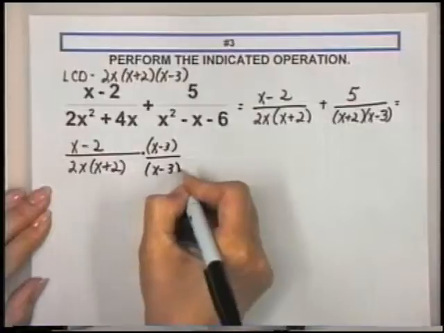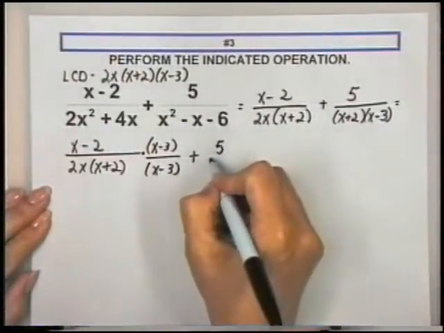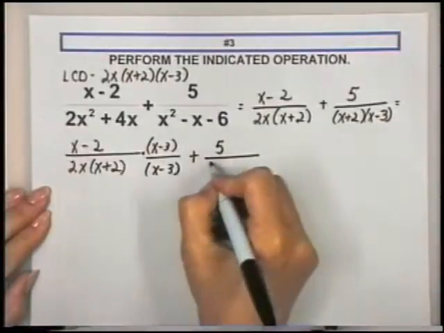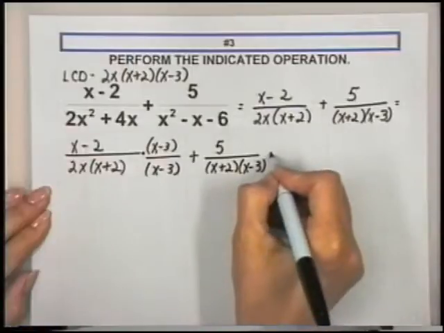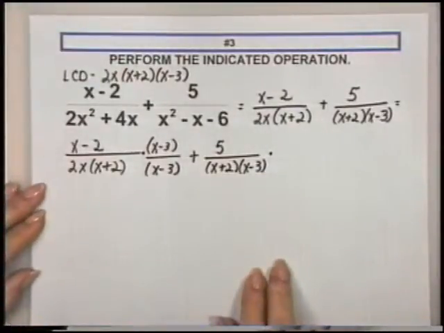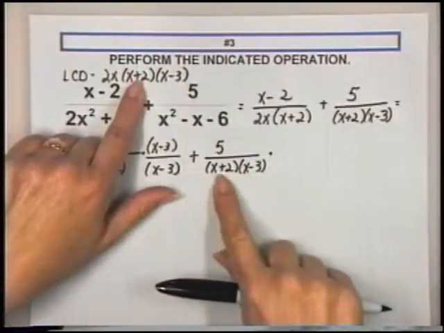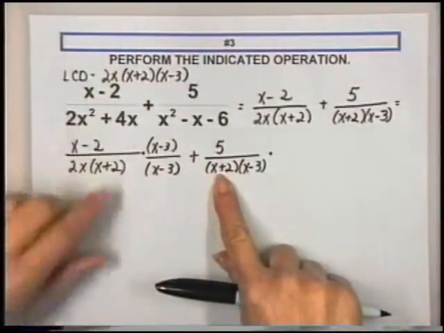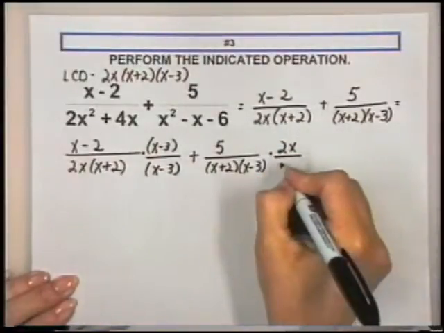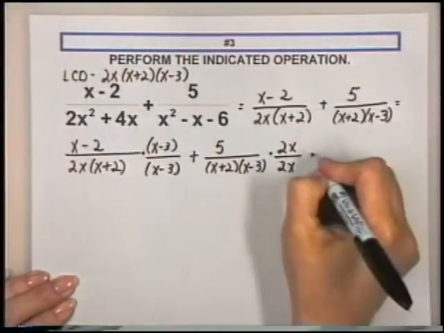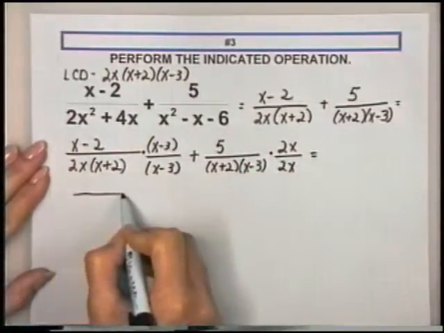I need to multiply by x minus 3 over x minus 3. For my second fraction, write my 5, write my denominator factors. What factors do I need to multiply by? Got the x minus 3, the x plus 2. I need to multiply by the 2x. I will multiply by 2x over 2x.